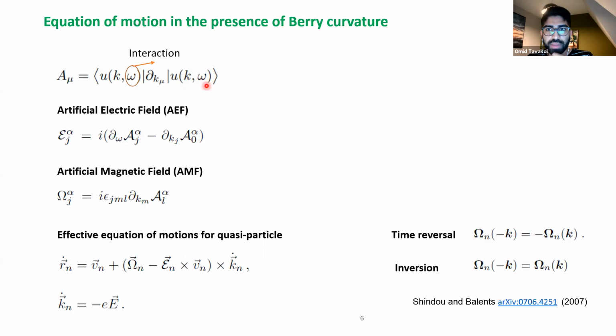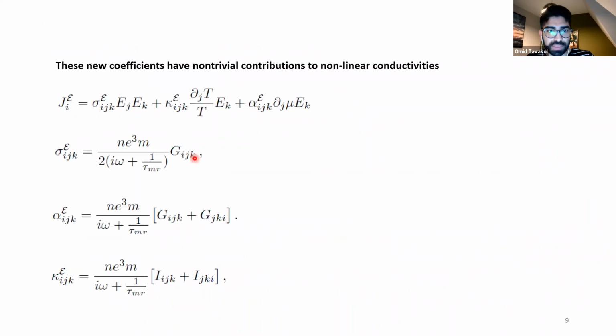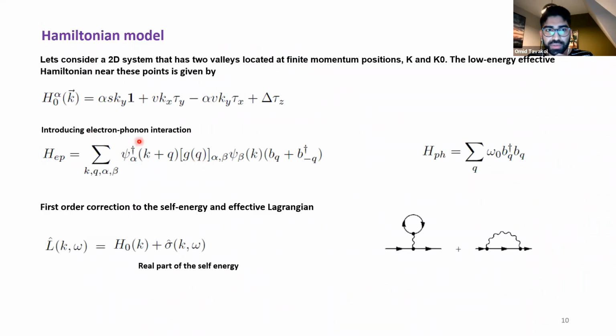For your first question, I think you should only pick those interactions that produce the omega dependency in your self-energy. I mean, you can use some approximation to avoid finding this omega dependency in your self-energy. But here we use a specific interaction, electron-phonon interaction, where we saw that in the real part of the self-energy, we can find this omega dependency.